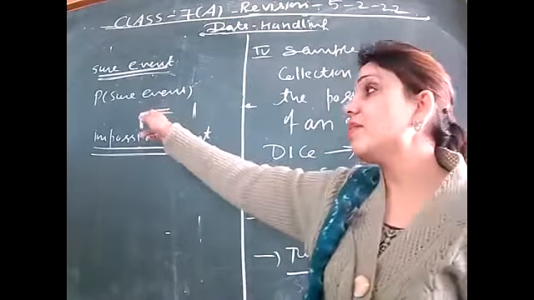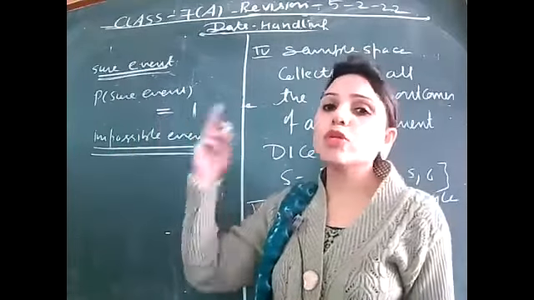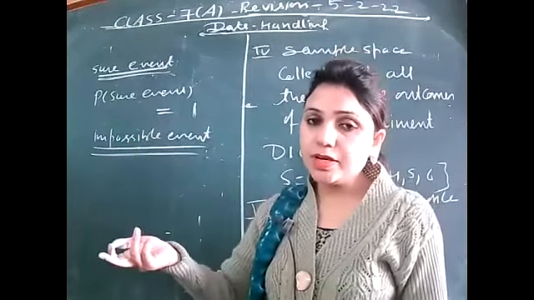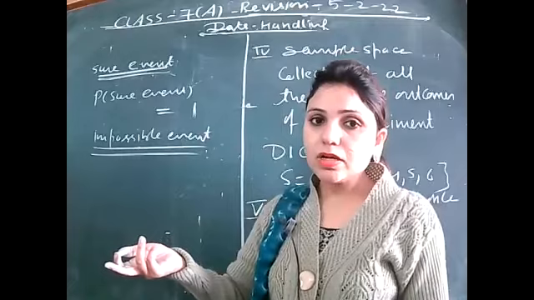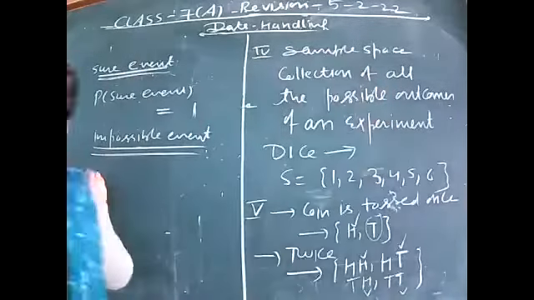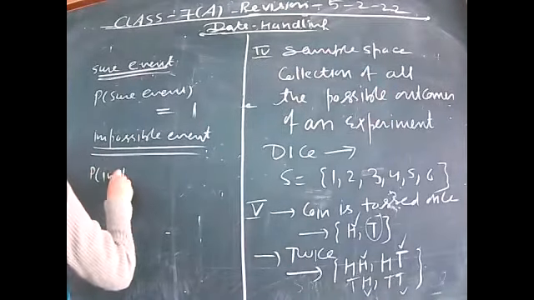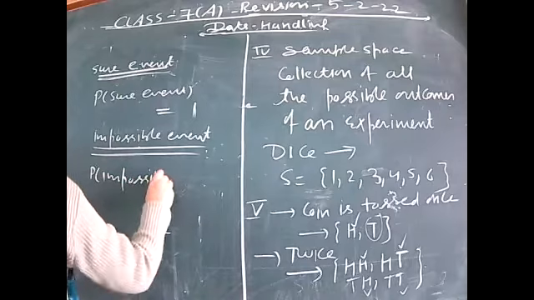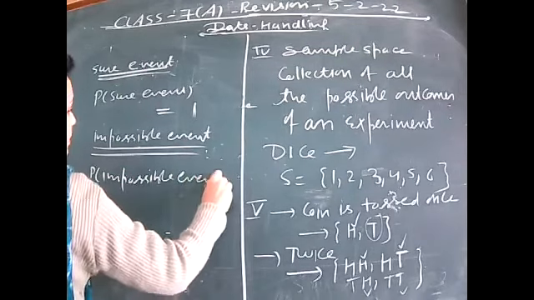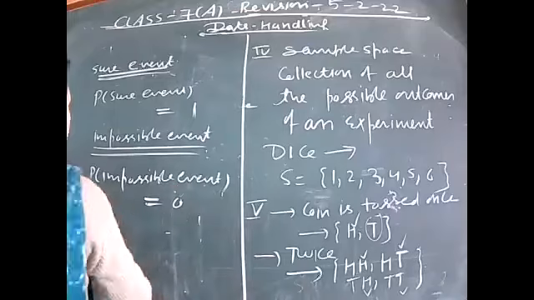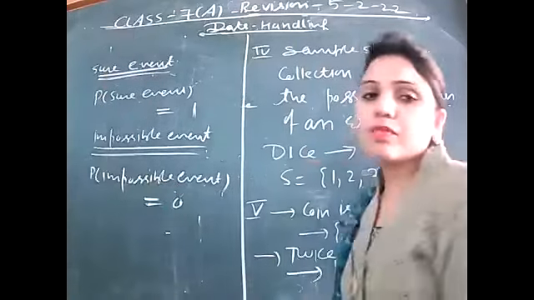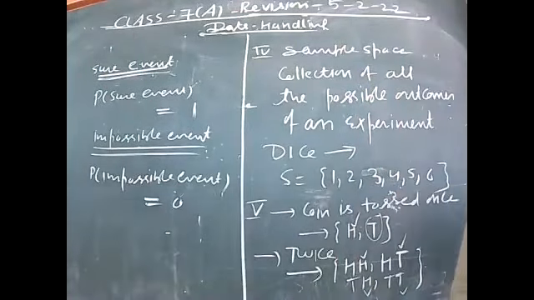Sure event you may have: there are 7 days in a week, Earth revolves around sun, there are 12 months in a year, like that. Impossible event की probability is equal to 0. Probability of impossible event is equal to 0. So these are the concepts that you have to keep in mind before starting probability.